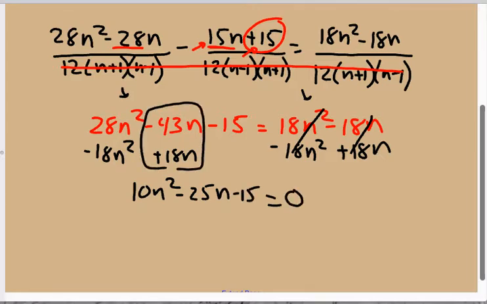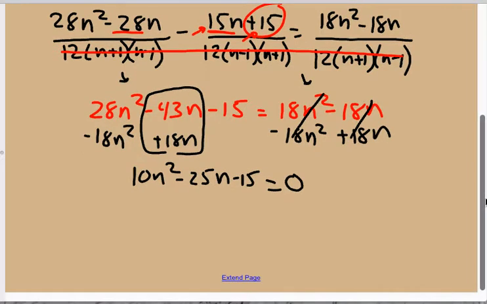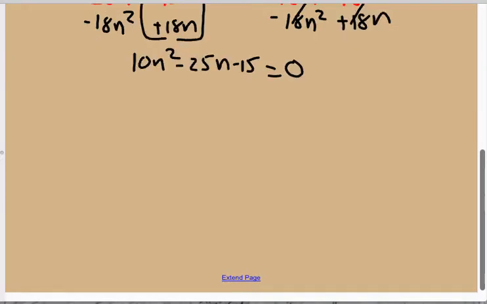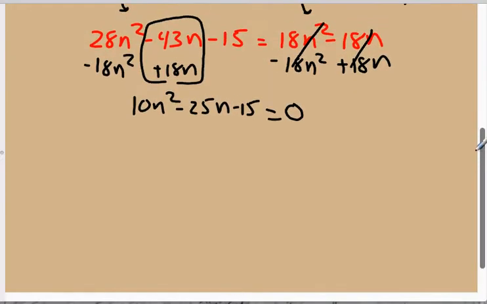And this is all equal to 0. Okay. Quadratic. Looks like it's going to be kind of difficult to factor. But I do notice this. I can take a 5 out of all of 10, negative 25, and negative 15. So I would do that to make the problem a little bit easier. So that's 5 times 2n squared minus 5n minus 3 equals 0.